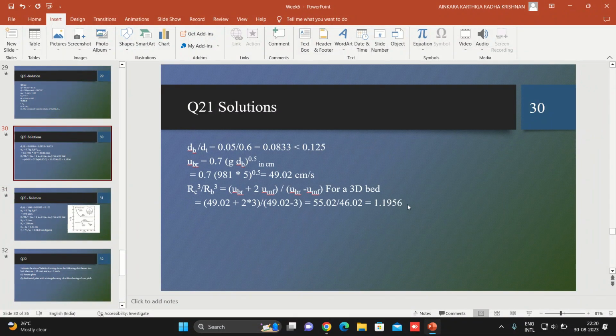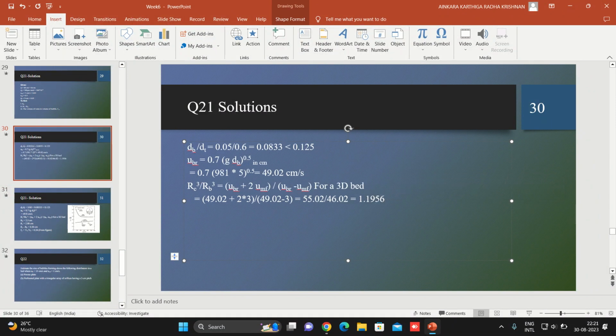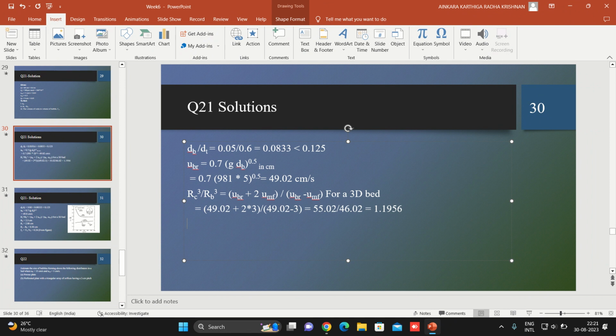Next, we know the diameter of the bubble, right? RC cube is equal to 1.1956 into RB cube.